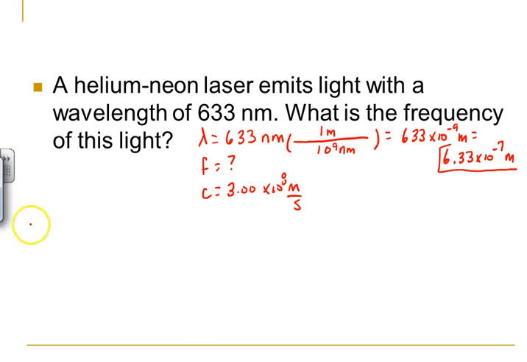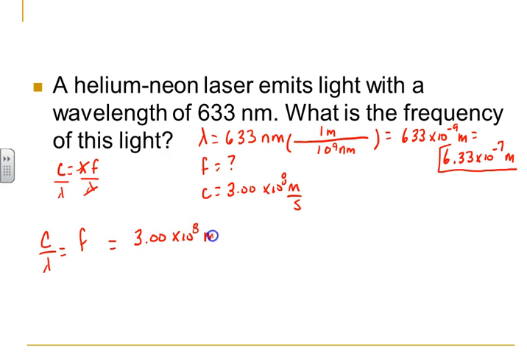Okay, so now we have these values. We have c equals wavelength times frequency. We're trying to solve for frequency this time, so we're going to divide out wavelength, and we get c over wavelength equals frequency, because wavelength cancels on that side. So that gives us 3 times 10 to the 8th meters per second divided by a wavelength of 6.33 times 10 to the negative 7th meters.